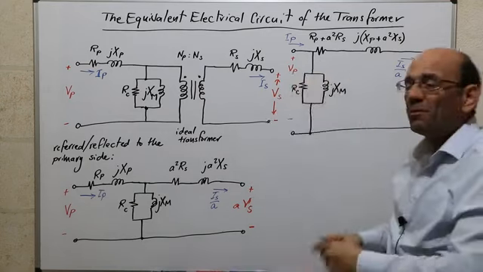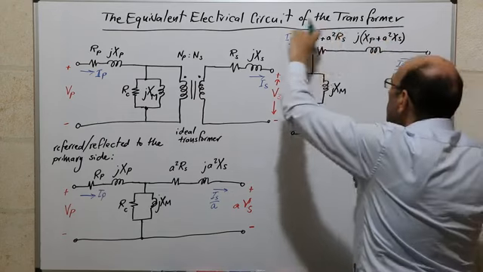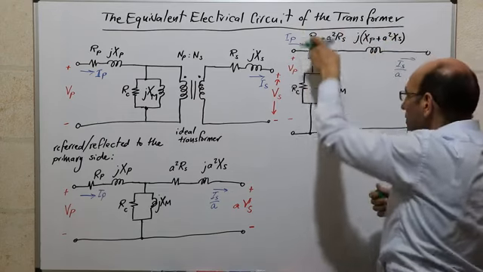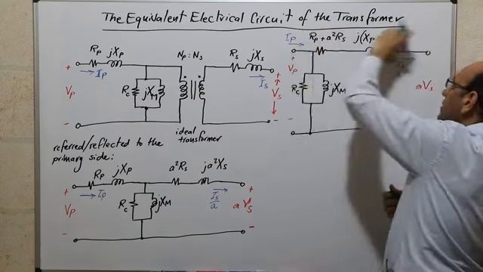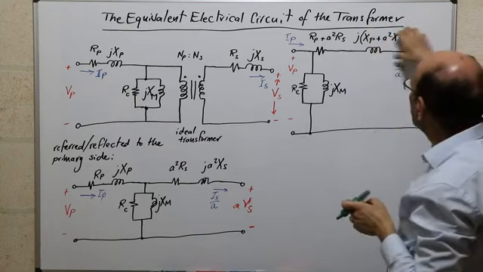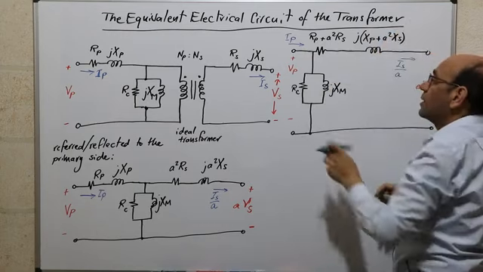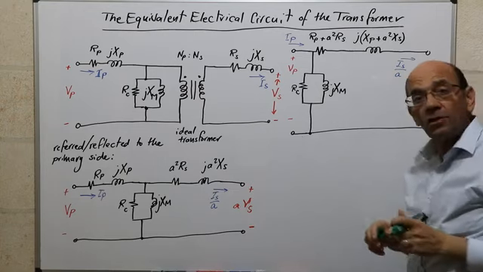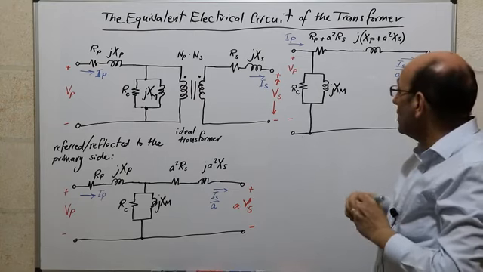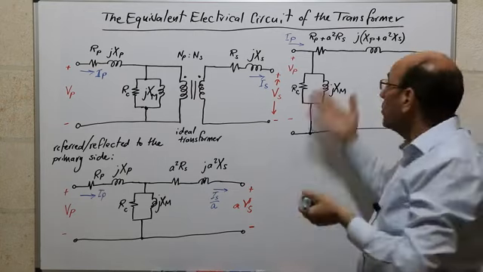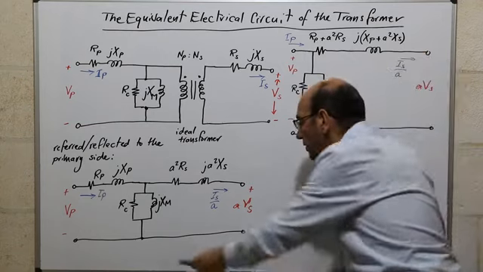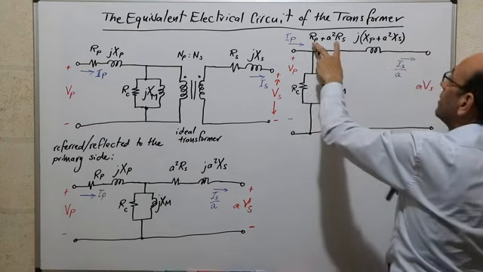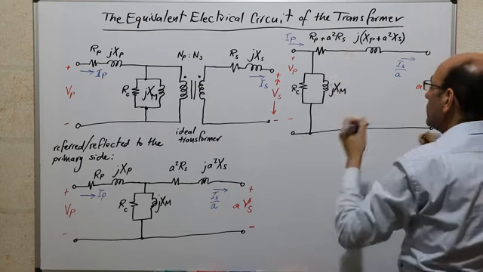Again, we go back and remind ourselves that this is the series part and this is the shunt part. The series part, we'd like it to be as small as possible, and the shunt part, we'd like it to be as large as possible. So this is a phase of simplification. We could actually simplify this further, and we could combine this and call it R equivalent.